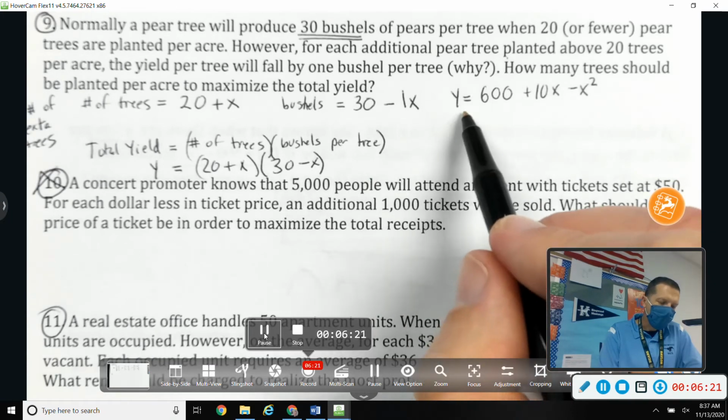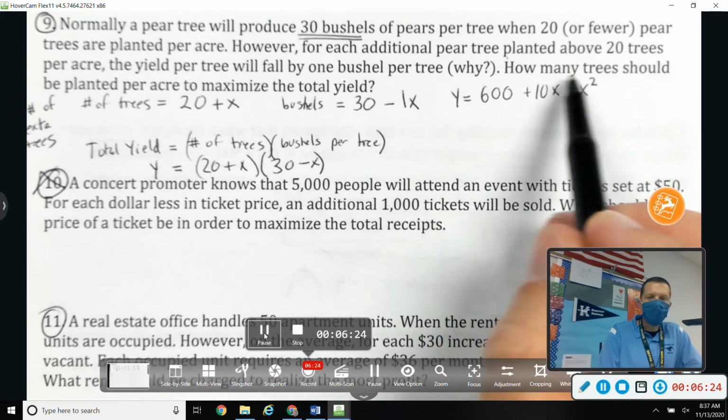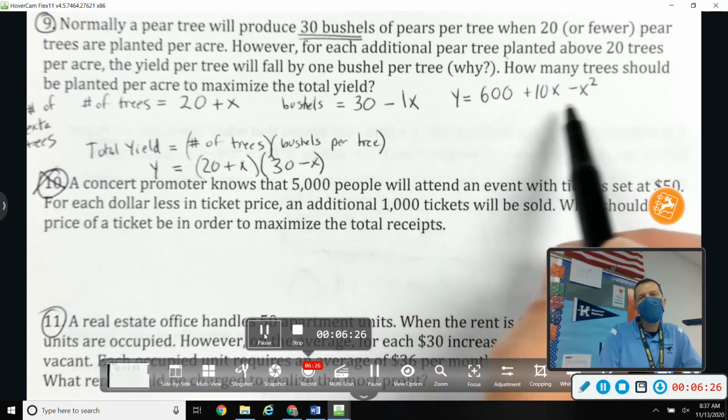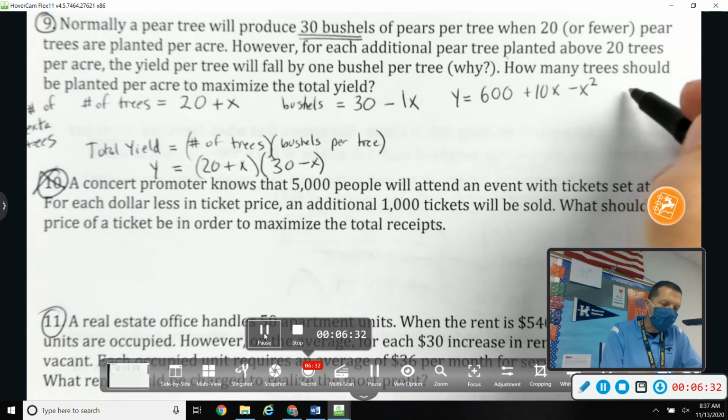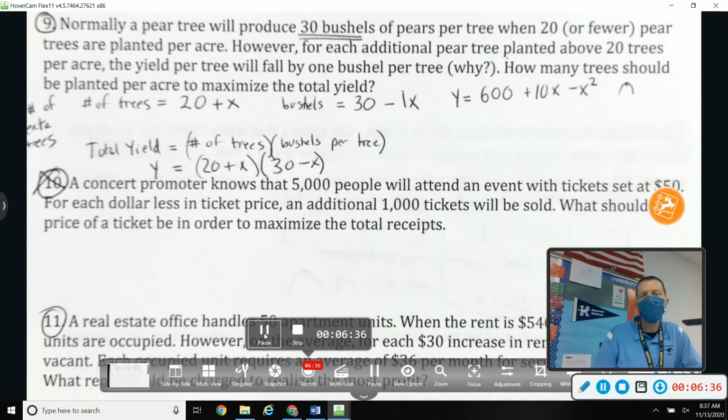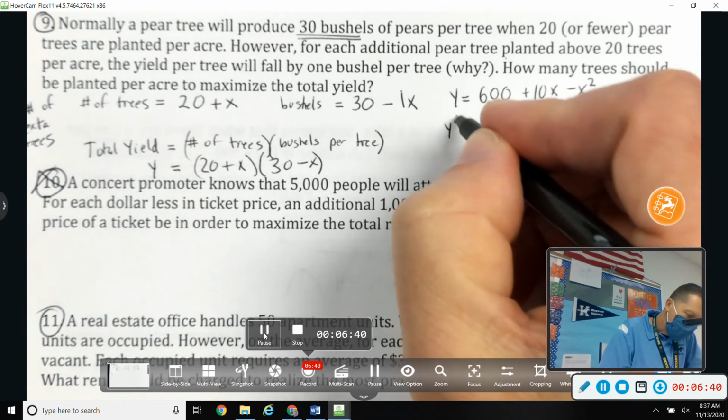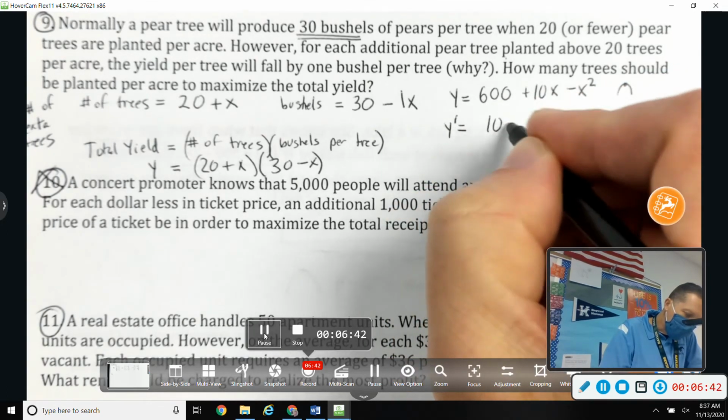A little side note here. What's the shape of that graph? Parabola. Is it pointed up or pointed down? Down. So that also sort of tells me that there's going to be some maximum spot where I get the most yield. All right, y prime would be 10 minus 2x.